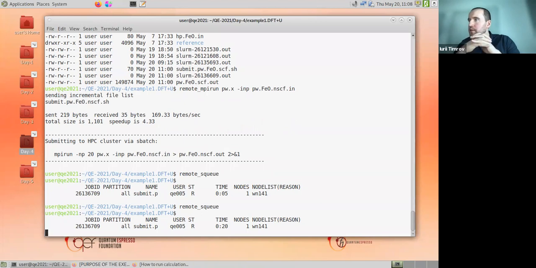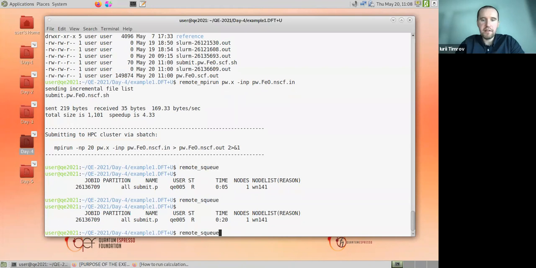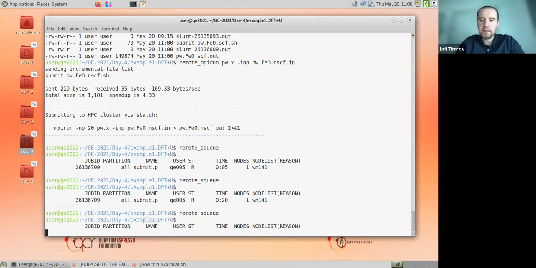One question by a colleague of mine, Nikita: we can see the LDA plus U parameters, but the pseudopotentials are PBEsol. Is it okay? Yes, we are using the PBEsol functional because this is a three-dimensional crystal. For bulk systems, we should use the PBEsol GGA functional.